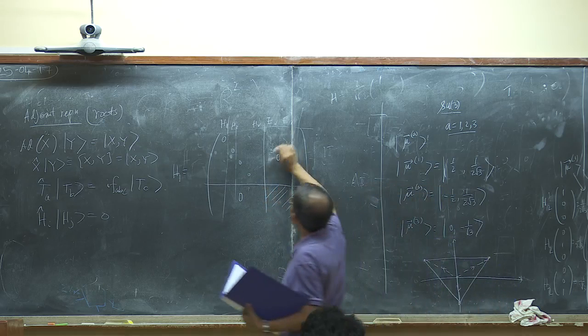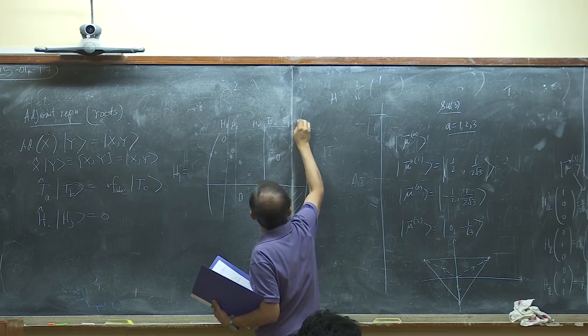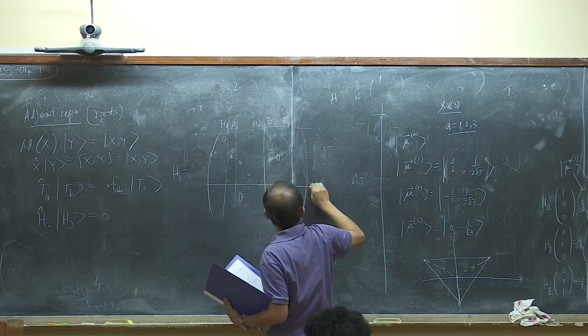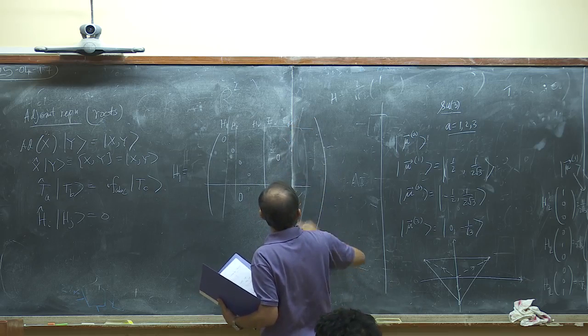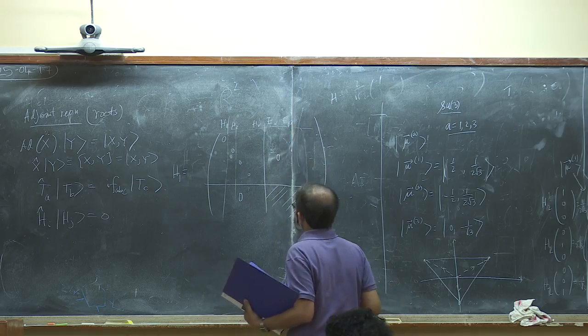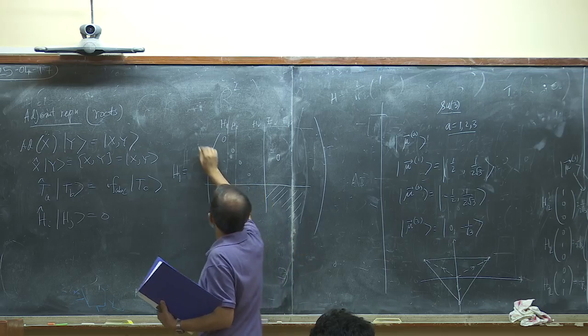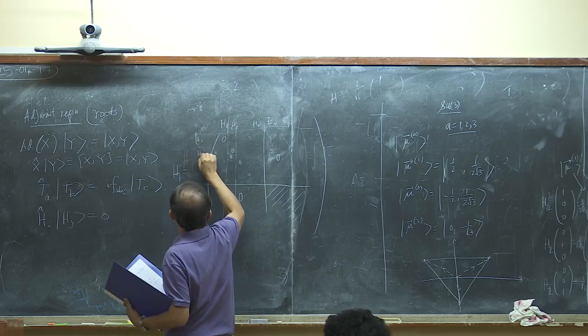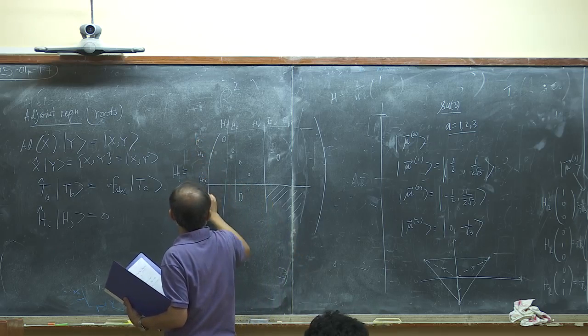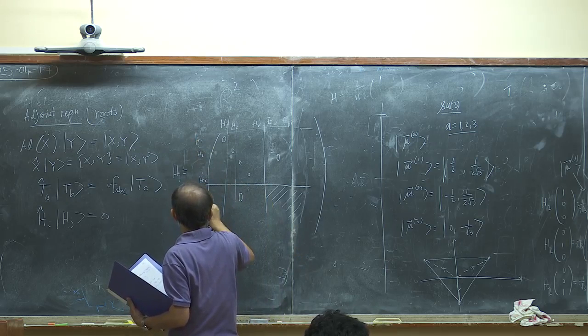These will be called E alpha, E beta, etc. And so first of all, H1, H2 up to HR and E alpha, E beta.